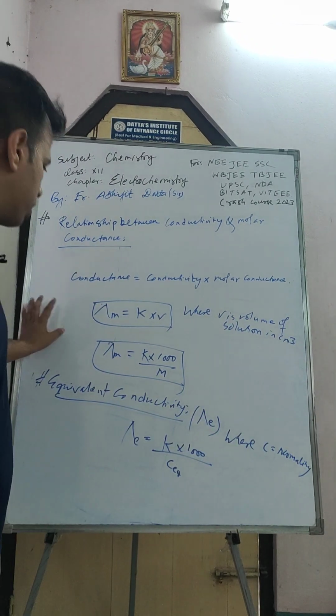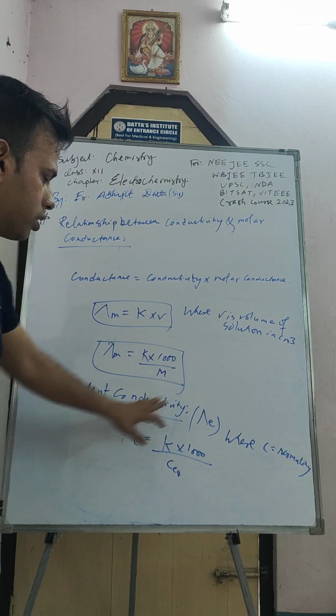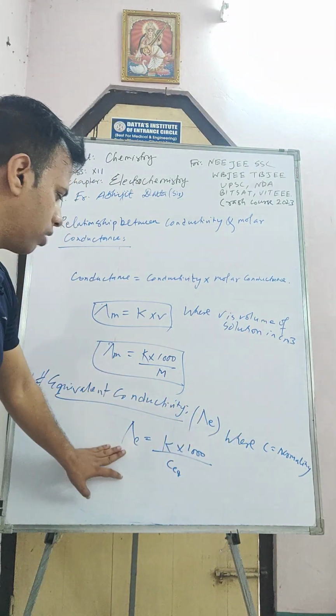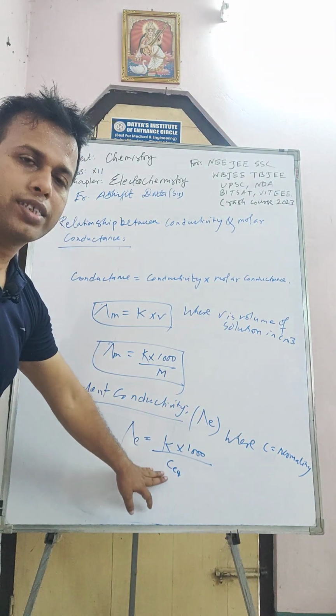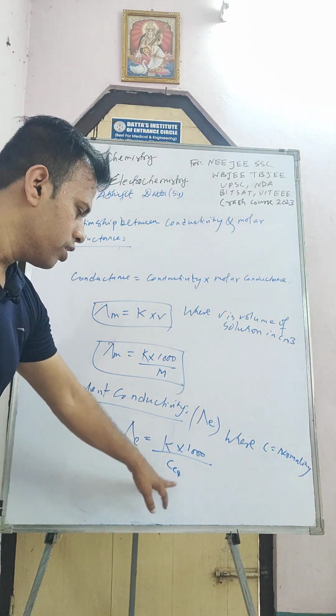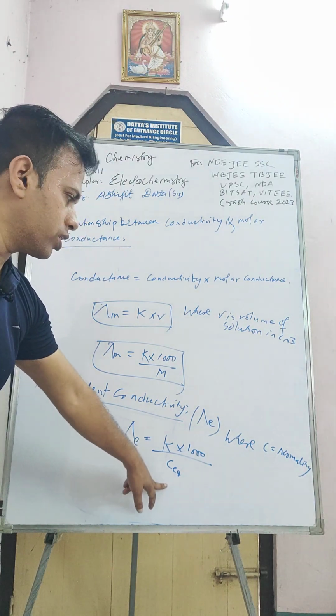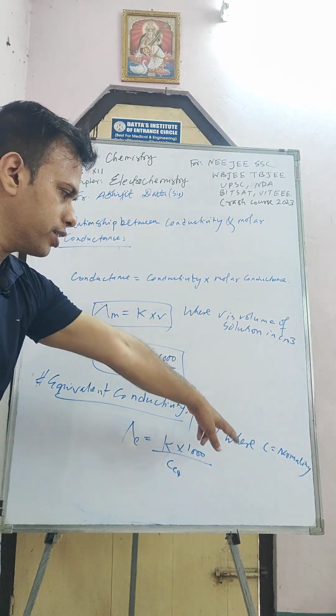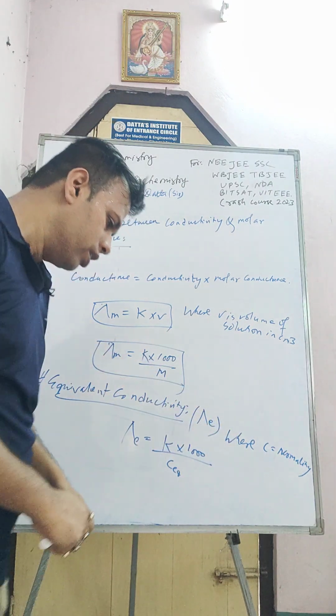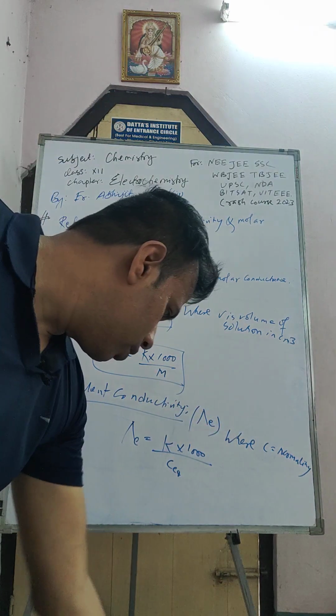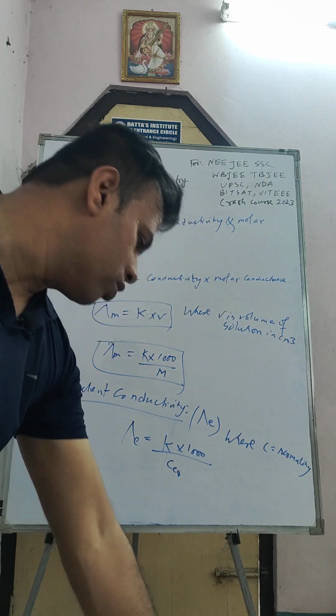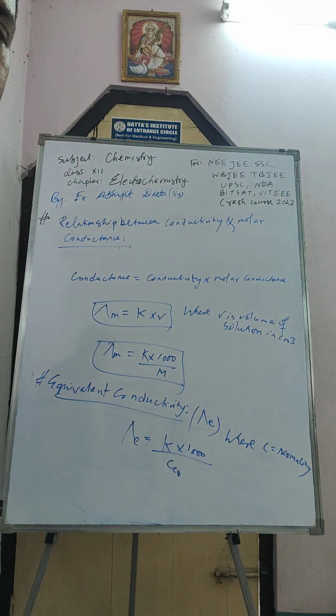Now look at equivalent conductivity, that is lambda E is equal to K into 1000 by C_eq. C_eq means equivalent concentration, and it represents the normality, that is gram equivalent per liter.